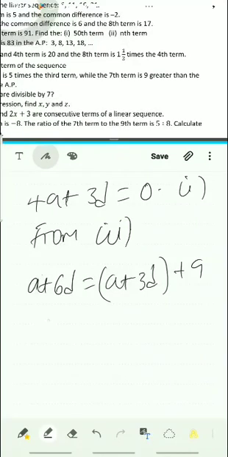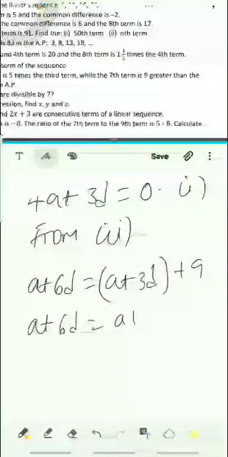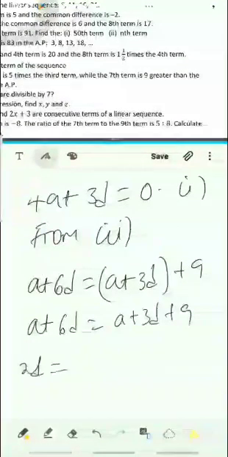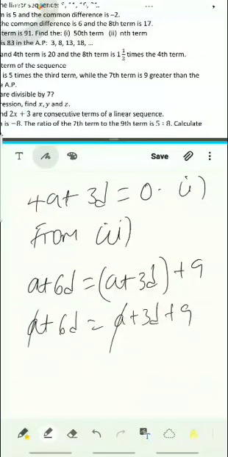So when you solve, you have A plus 6D equals A plus 3D plus 9. Bring together, A will cancel A here.